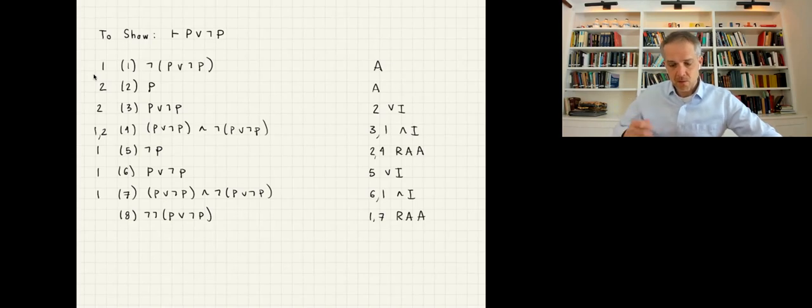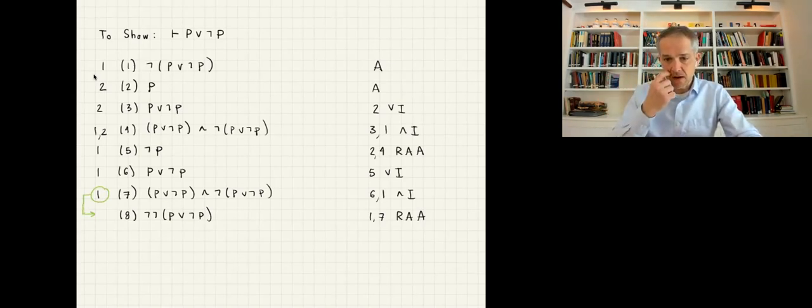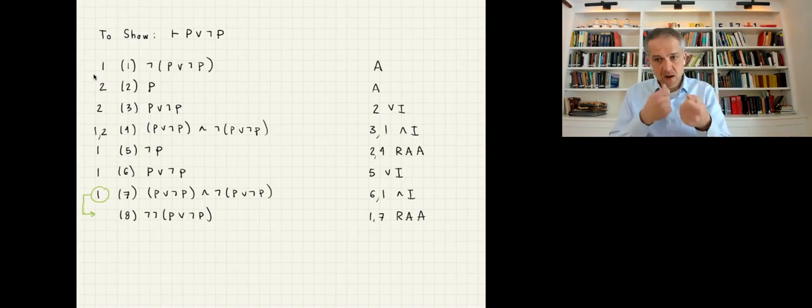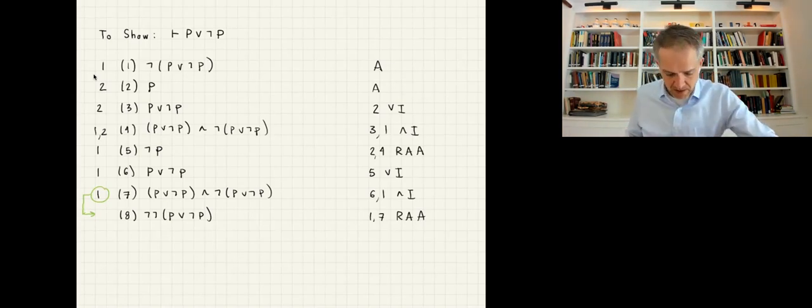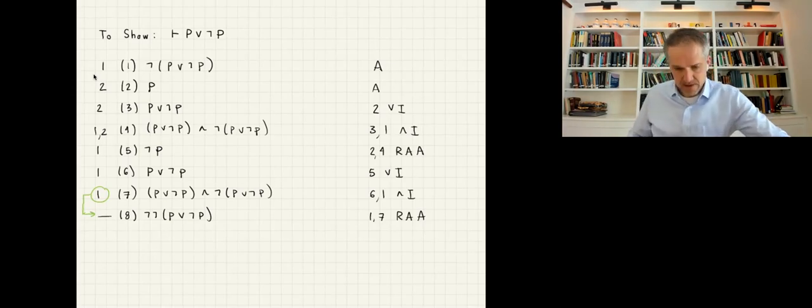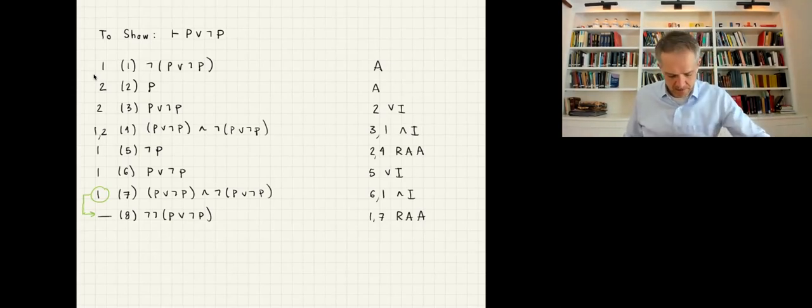Where the way we calculate the dependency numbers for 8 is we would carry these down here, but then we get to take away the dependency of the assumption that led to the contradiction. In this case, the assumption is line 1. So we take the dependencies that is just 1 and we take away 1. So it leaves us with a blank. So I'll just sort of put a slash mark in here to indicate nothing's left of the dependencies here.